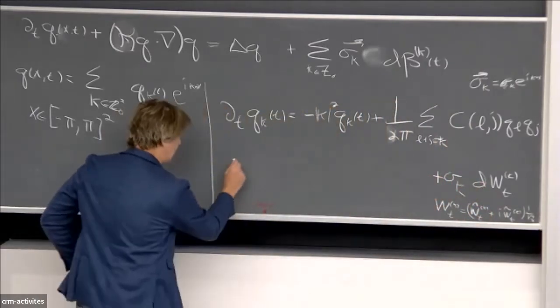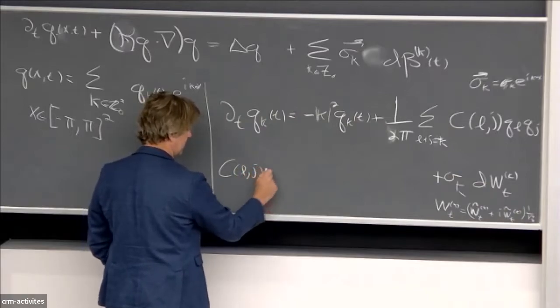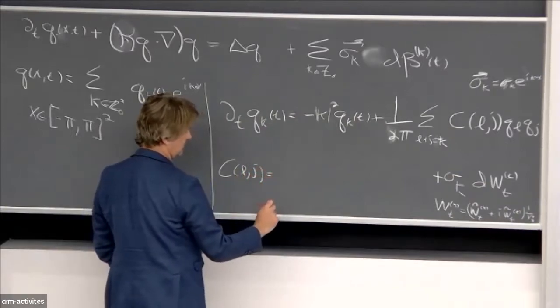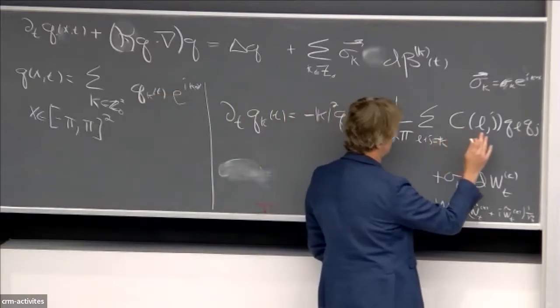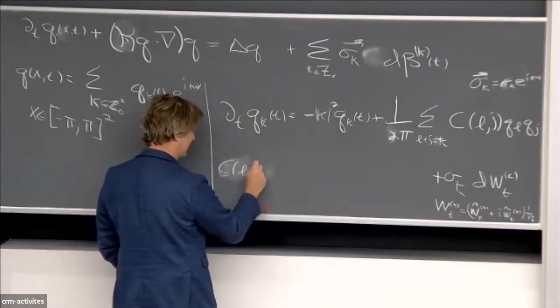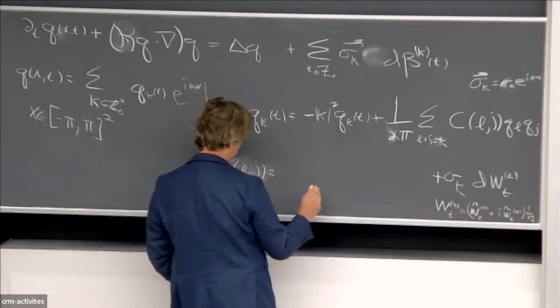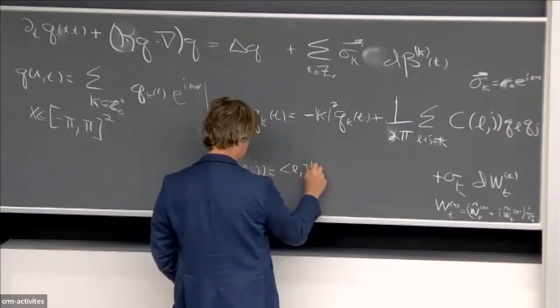And the c_{lj}, that's fine, is equal to what? It's equal to the inner product of l with j perp.